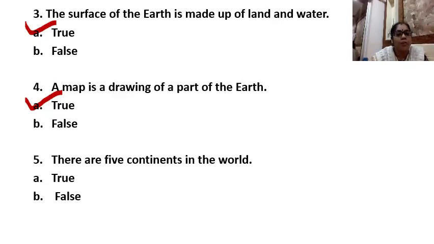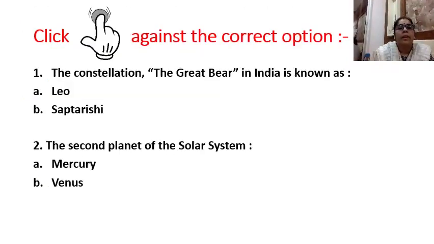So you have to click which option? You have to click option B. Follow, you have to click option B. Click against the correct option.